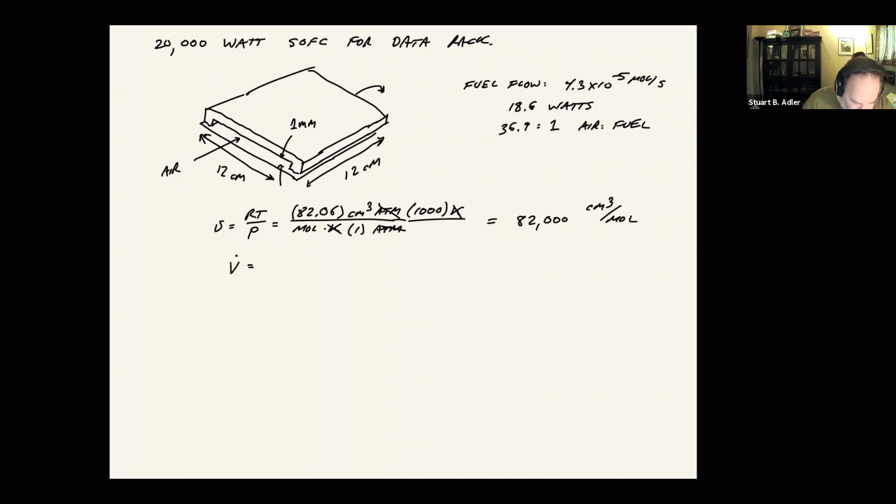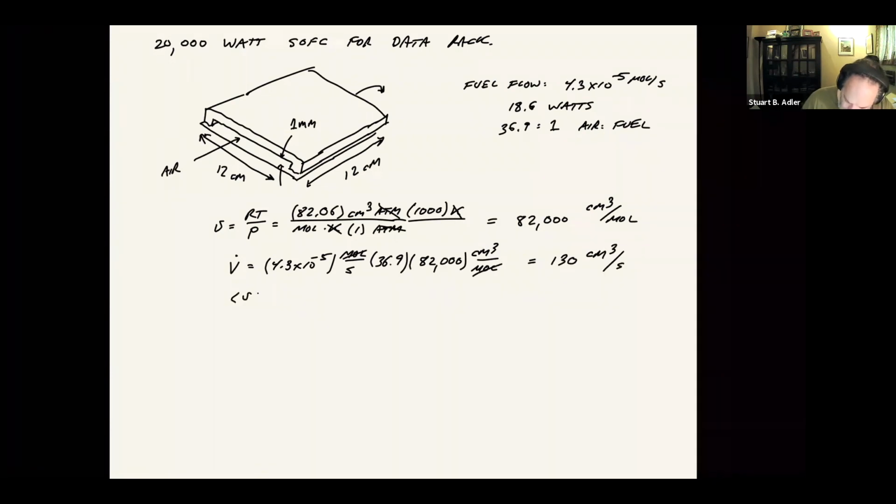The volumetric flow rate, this would be our fuel flow times our ratio, to get the air that we're flowing, times the volume. That gives us centimeters cubed per second, which is about 130. So think about the average velocity. Sorry, I'm using v in two different contexts. I've got a lowercase v for molar volume, but I'm using a lowercase v with an average bar around it to indicate velocity.